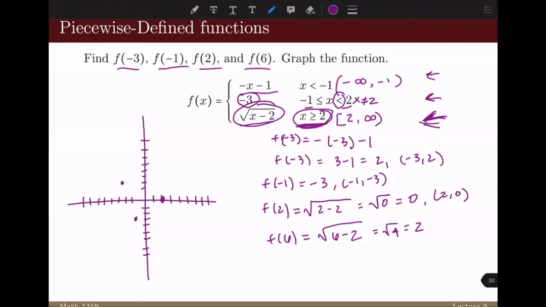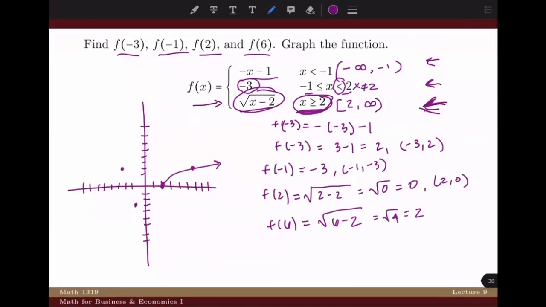So f of 6 is equal to 2. Now I have 2 points on my third piecewise function. I'm going to graph the third one in purple. I know that the square root of x makes this shape, so I'm just going to graph that shape.